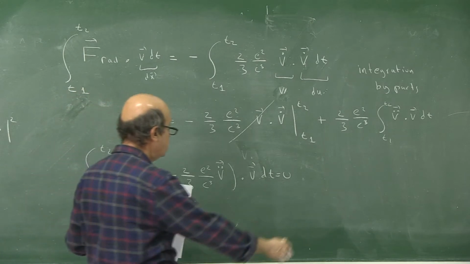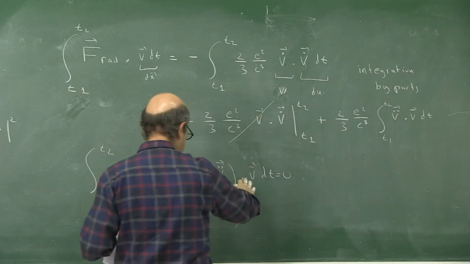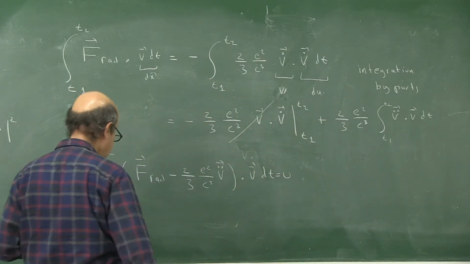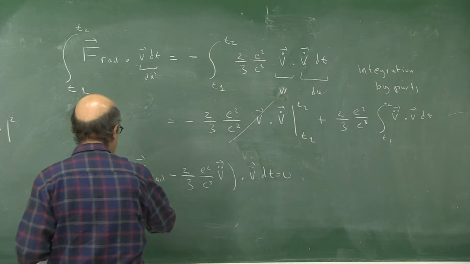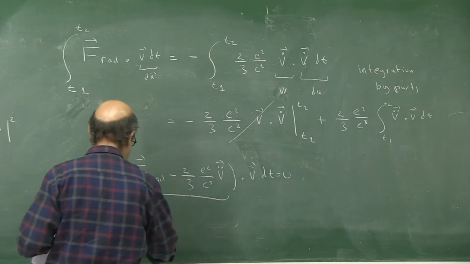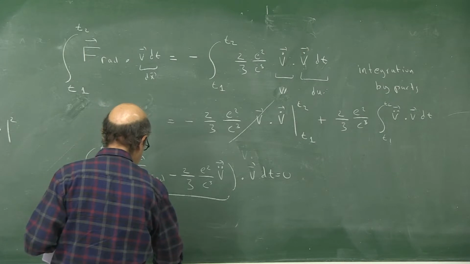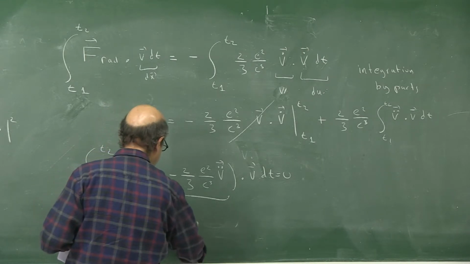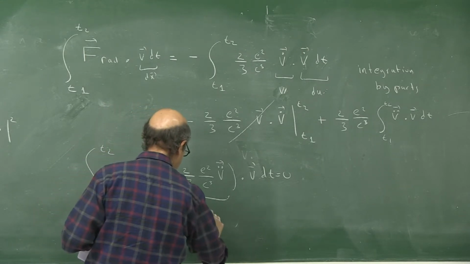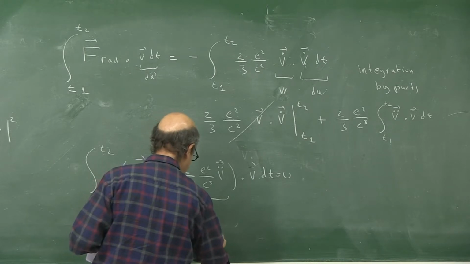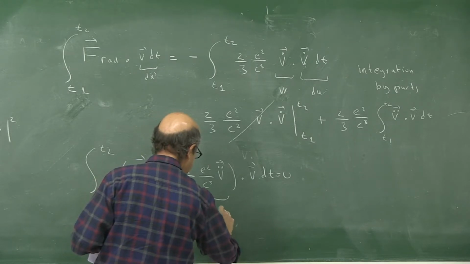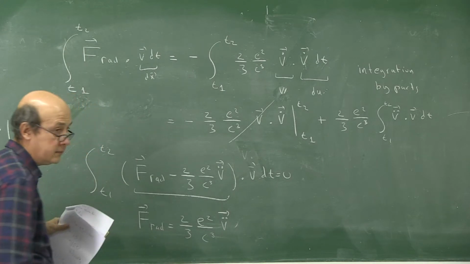So you take this part to the left and take the v dt parenthesis. If this is 0, then that means the radiative reaction force should be e square over c cube times the derivative of the acceleration.